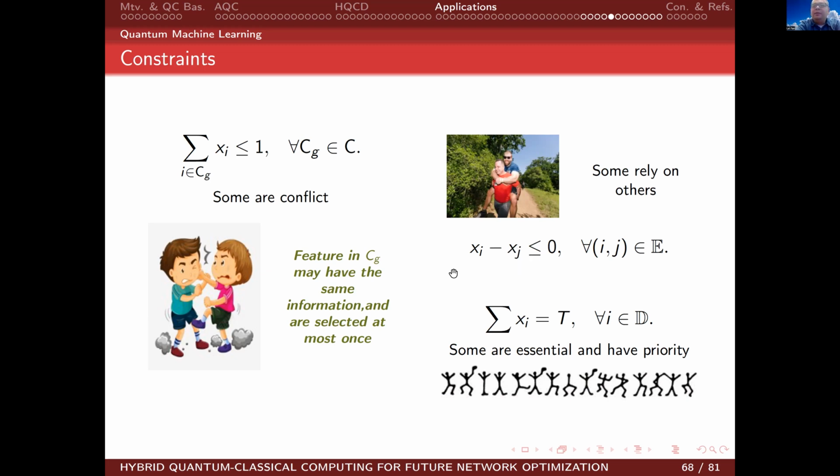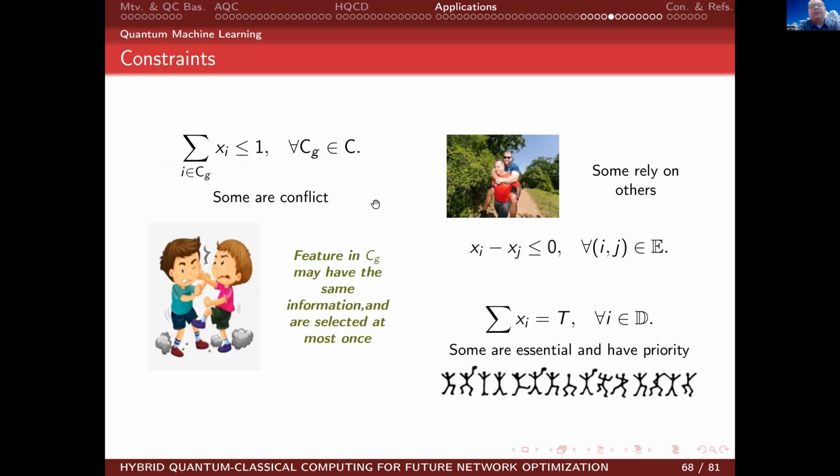And some features are very important and have higher priorities. To ensure that we choose these features, we can add a constraint like this: the sum of the decision variables of these features equals t. That means in this group, we need to pick t features.